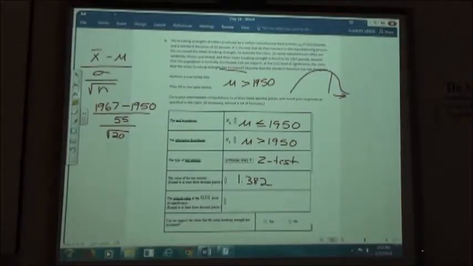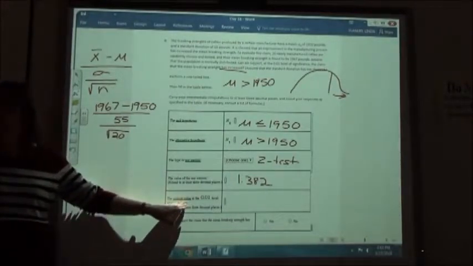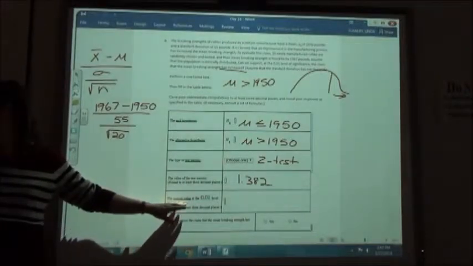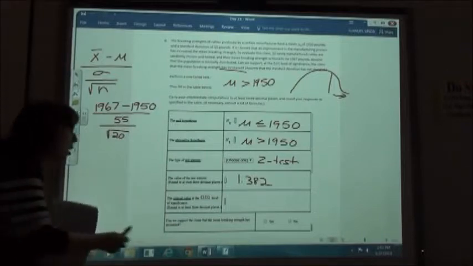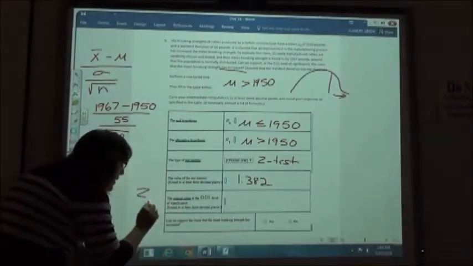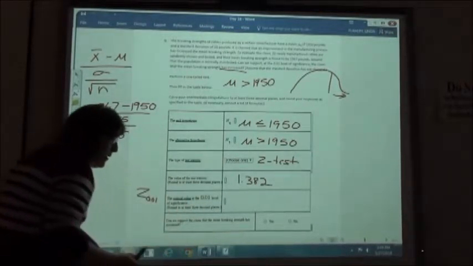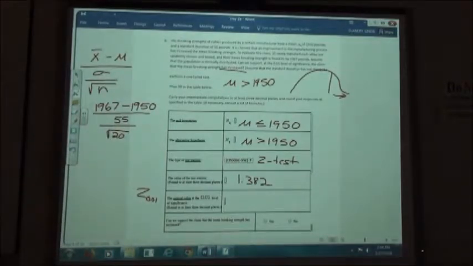Now this time, notice they're not having you find the p-value, you're finding the critical value. So this is when you did the z sub on your calculator. We're going to do z sub 0.01 to find where that critical value is.